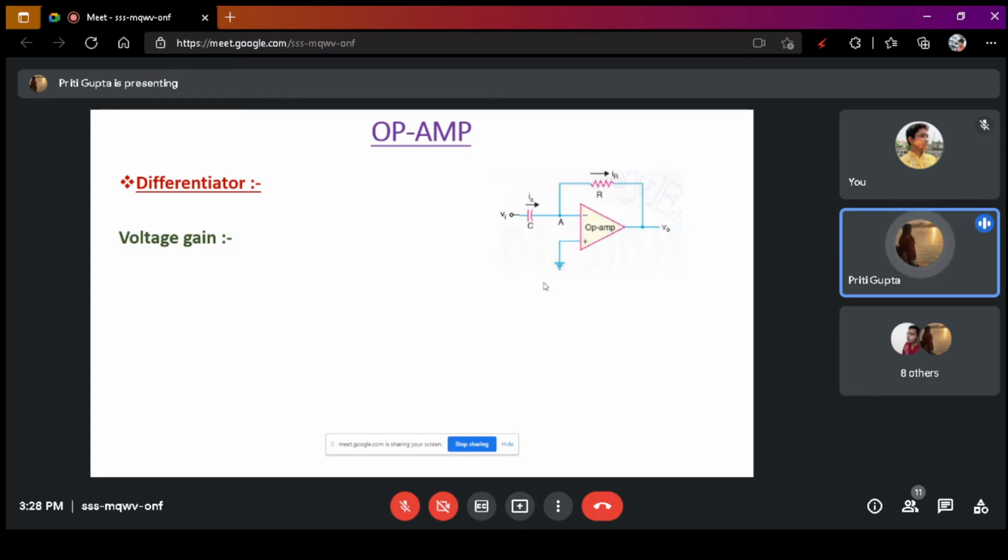Actually, there are lots of types of signals, like ramp signal, square wave signal, triangular signal, just like a sine wave.